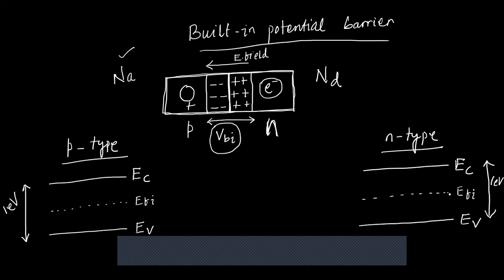We have already discussed this in some other videos, you can refer to that. And then when you are adding Na, or acceptor impurity, or trivalent impurity atoms to the intrinsic silicon, then the Fermi energy level, which was there for the intrinsic semiconductor, will be shifted a bit down closer to the valence band.